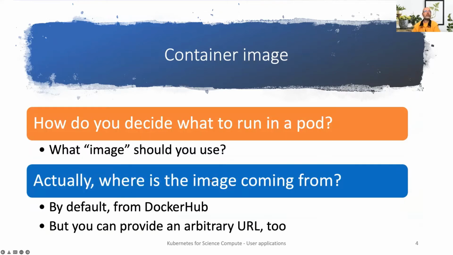Now, there are container images, but how do you decide which one to use? What image should you use? And maybe the better question, as a starter, is where those images are coming from to start with. Well, by default, they come from Docker Hub, but you can also provide an arbitrary URL.